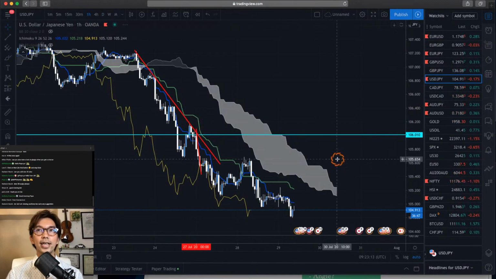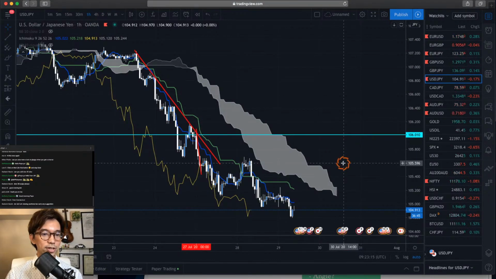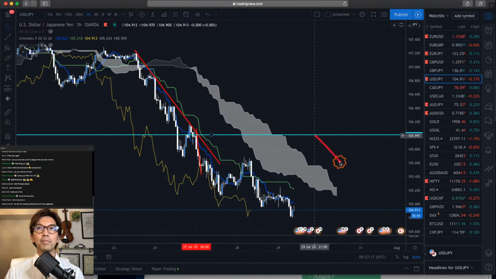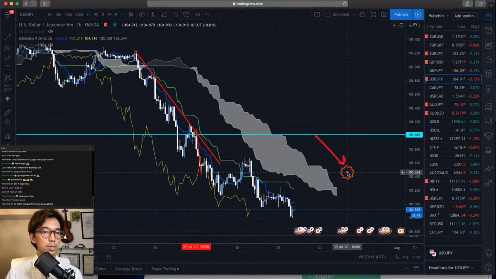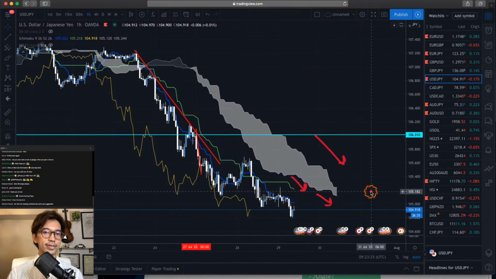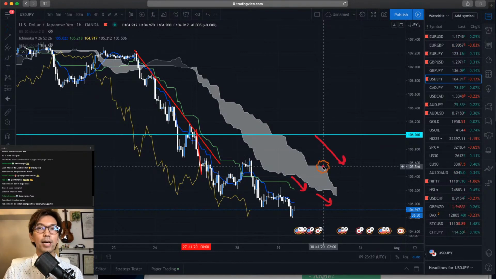And in the 1 hour, I see that this is a beautiful downtrend also. The Kumo has been moving down quite nicely, and Senkou Span A down, and Kijun-sen down also. And touching on this Ichimoku theory, I mean Ichimoku knowledge, the price is below the Tenkan-sen, Kijun-sen, and the Kumo also.